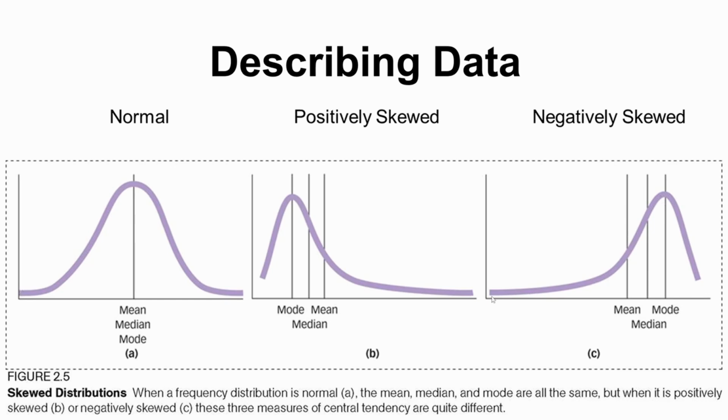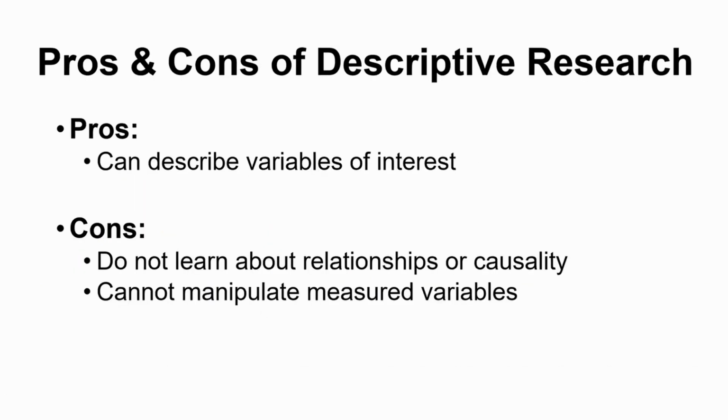And so here we see that the tail points off towards those very low scores, those negative scores, meaning the data is negatively skewed. And you'll find that those different central tendencies get dragged now in the opposite direction, pulled by those outliers. So hopefully that helps you understand conceptually what's happening with those different central tendencies depending on the shape of our data. And that's all we needed for our descriptive statistics.